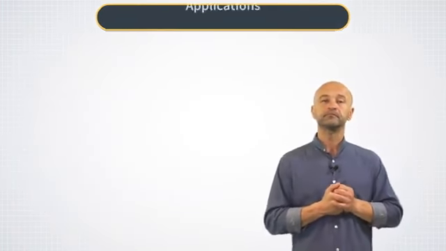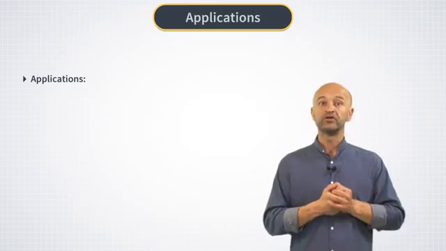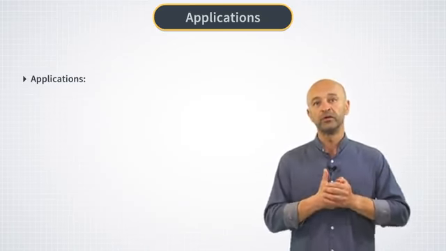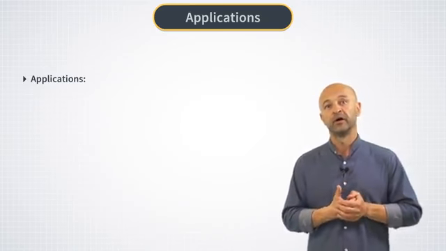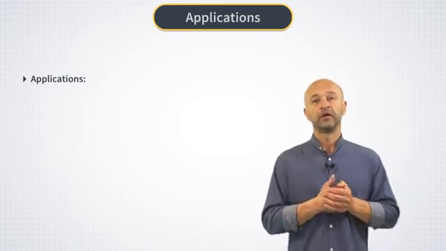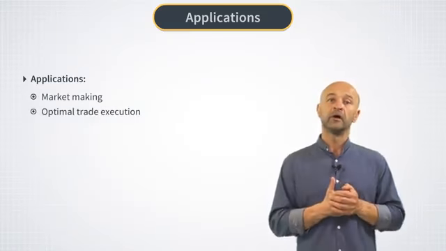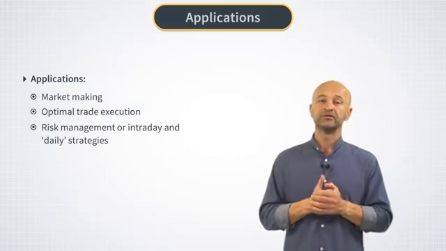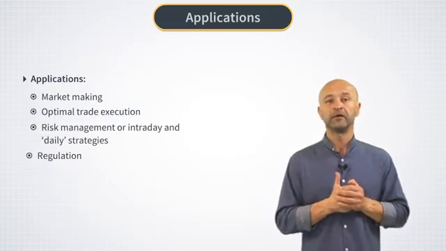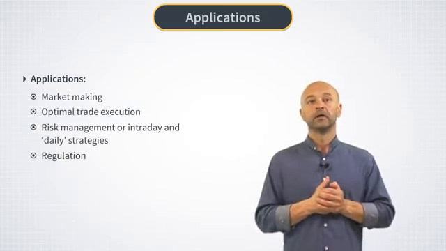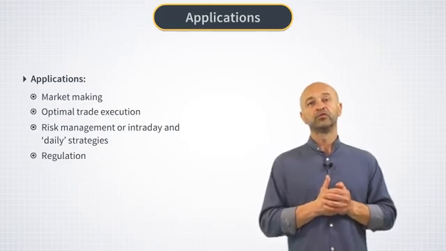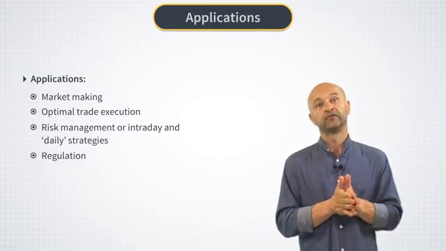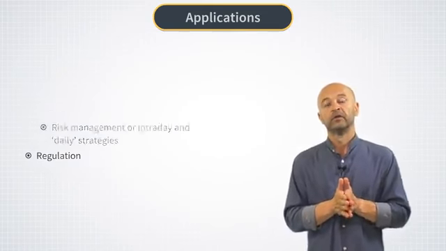We have already mentioned many potential applications of models of the LOB, and here I list them again for you. They include market making, optimal execution, risk management, daily strategies, option trading, and regulation. And finally, I want to talk about different types of data relevant for the LOB.